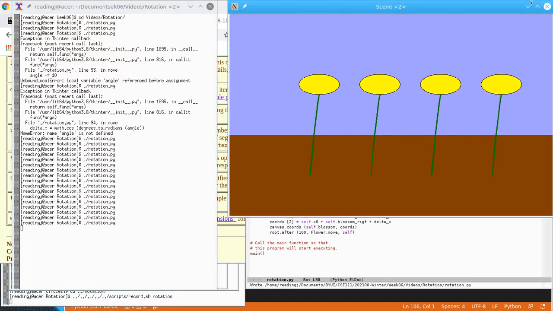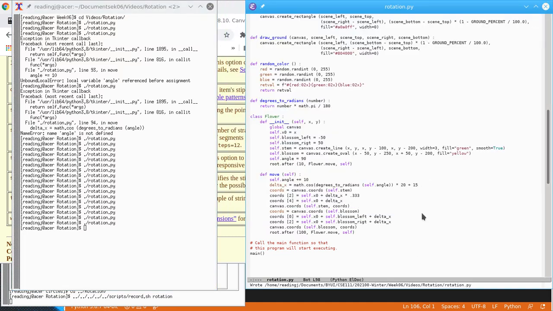If you want them to lean at different times, then plus random dot randint 20. It has to have two parameters, doesn't it?